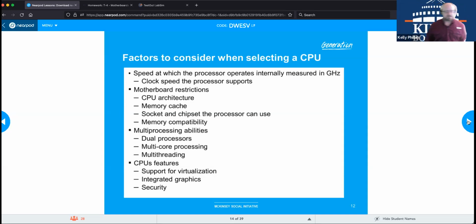Also, we're going to get into multi-processing abilities, where we have dual processors, multi-core processing, as well as multi-threading. And then finally, CPU features: support for virtualization, if that's something that we wish to use our systems for, integrated graphics, and finally, security.